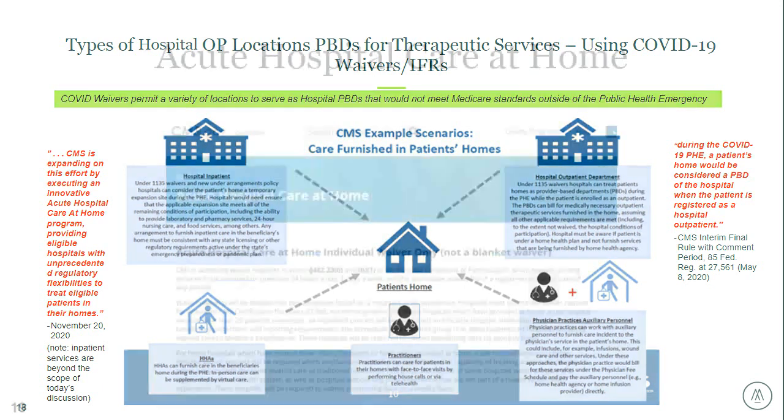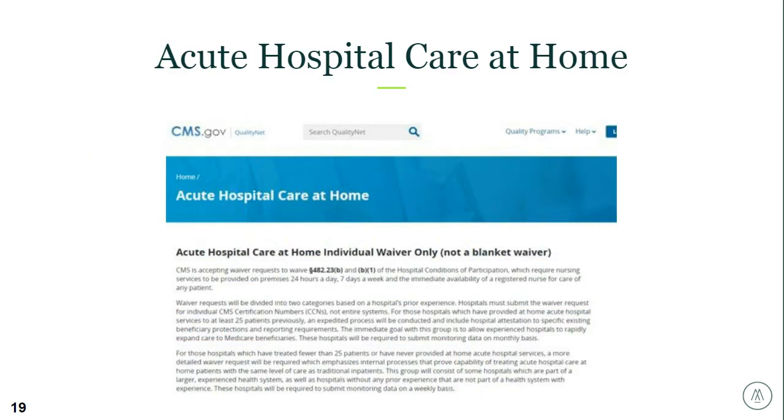Probably the most dramatic of these changes was when CMS really came out of the box in the fall with the acute hospital care at home program. There are a number of health systems that were already providing services of this nature in patients' homes, but the challenge was always, do you get Medicare reimbursement as a hospital for it? And we chatted a minute ago, Valerie and I, about whether there's home health out there.